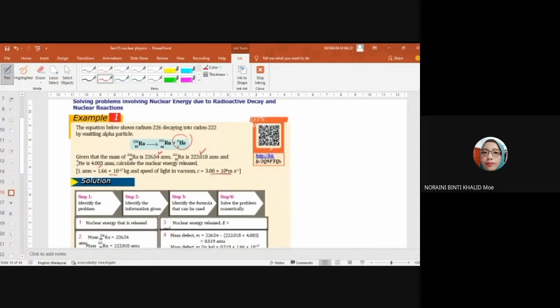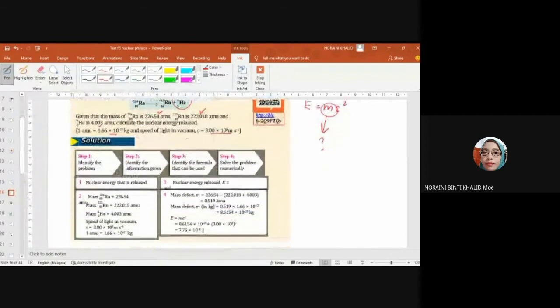So how to get the value of nuclear energy? Of course, the formula is E equals mc squared. So first you need to find the mass defect. Okay, how to find the mass defect? The difference in total mass before and after.